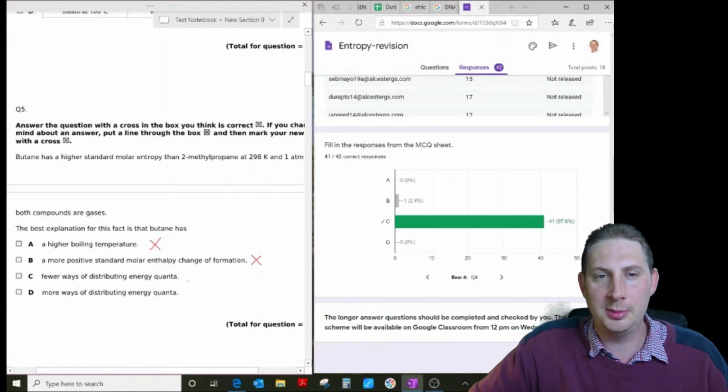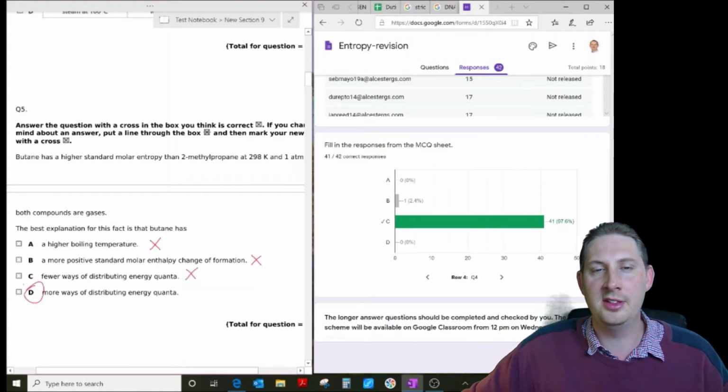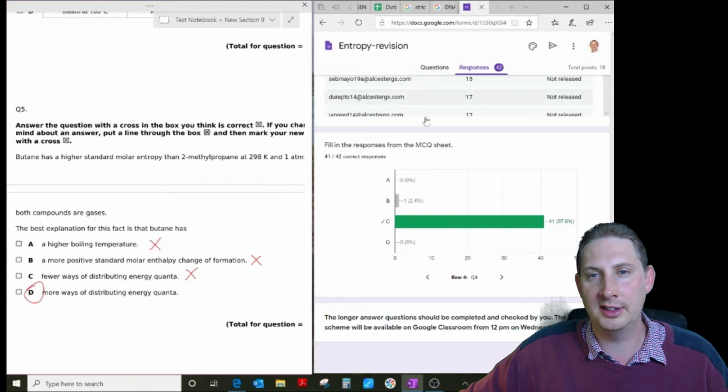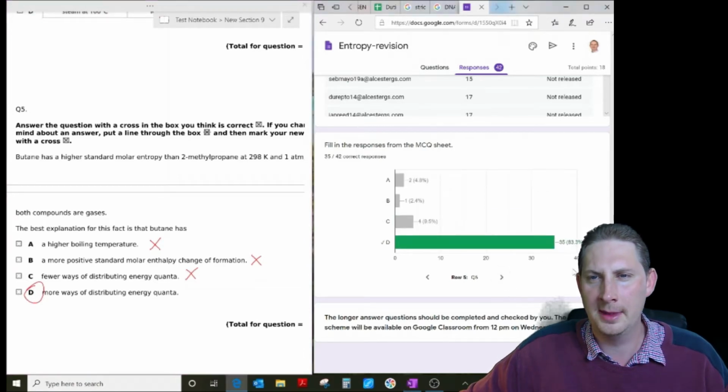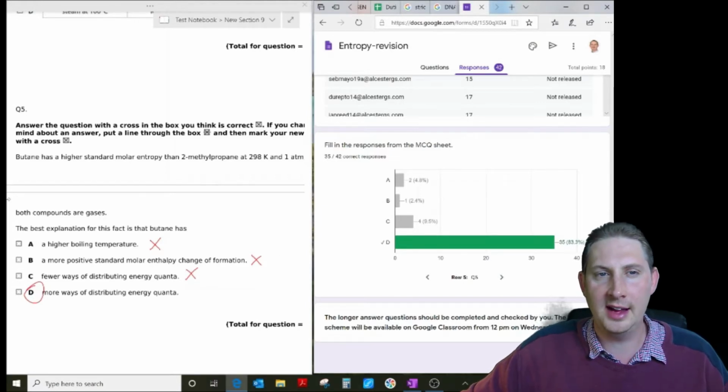Fewer ways of distributing the energy quanta. Well, if butane has fewer ways of distributing the energy quanta, then that means it would have a lower entropy. So it must be D, the fact that there's more vibration modes, translation modes, rotation modes available to butane. And there we go, 83% of you getting that right.